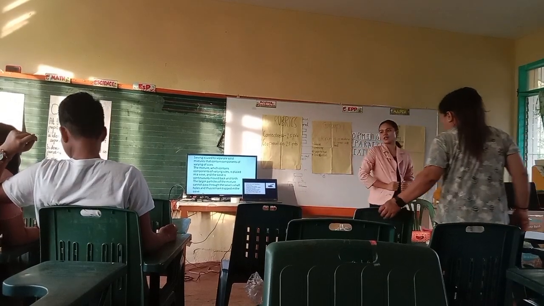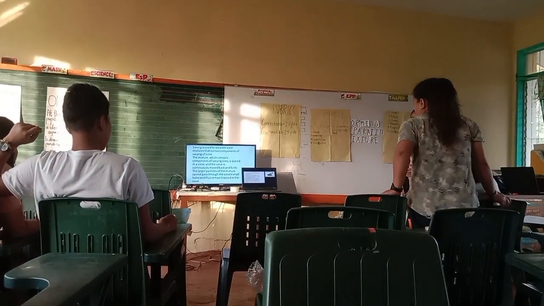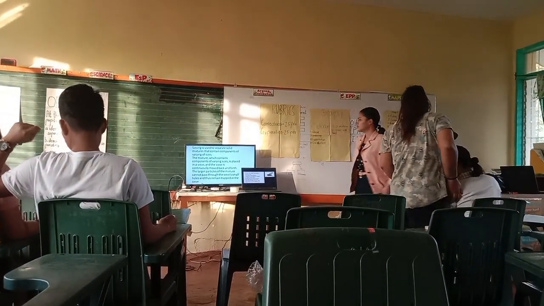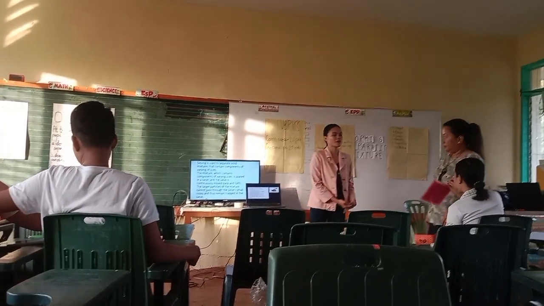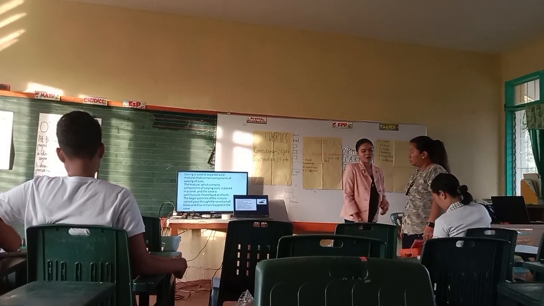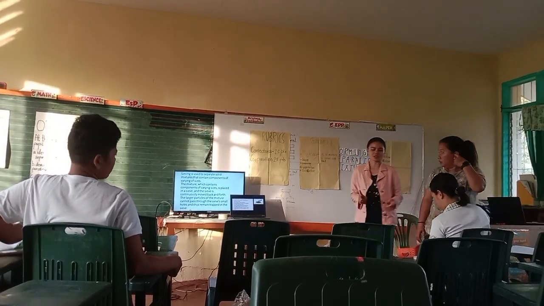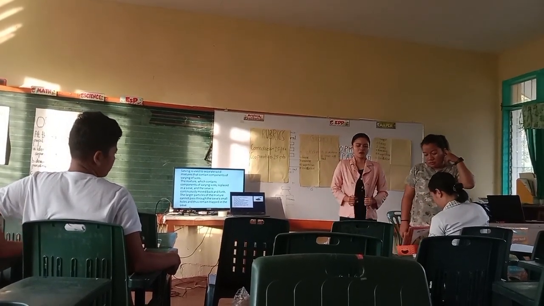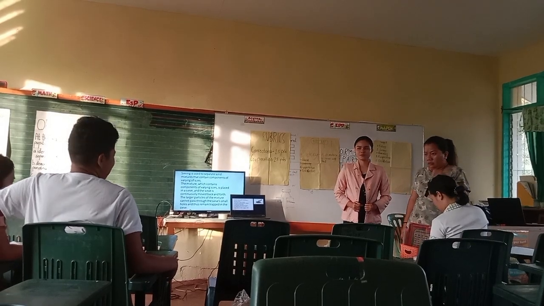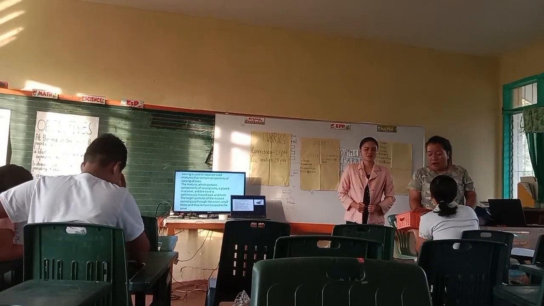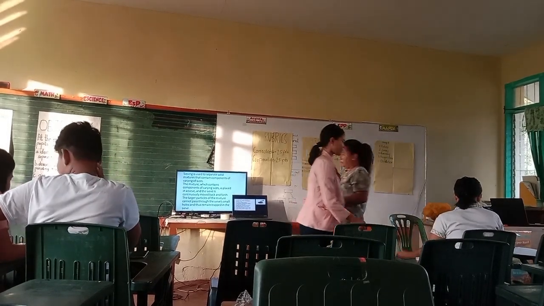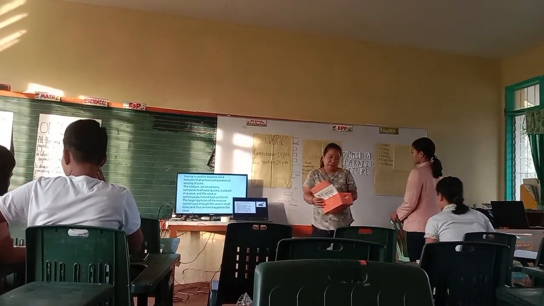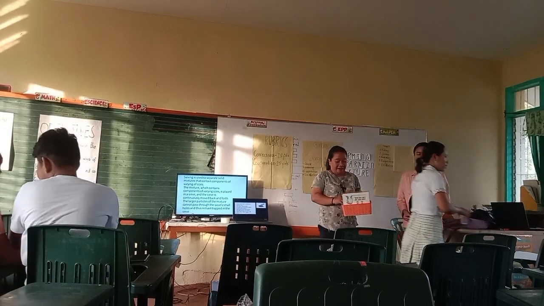Group 1, you may now start. Come in front. For group 1, you are going to make a hand picking technique. You are going to separate two mixtures. Okay, you may now present. This is the work of group 1.